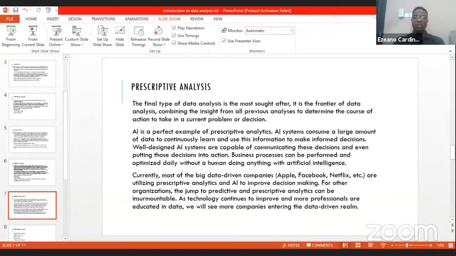For other organizations, the jump to predictive and prescriptive analysis can be insurmountable. As technology continues to improve and more professionals are educated in data, we will see more companies entering the data-driven realm.